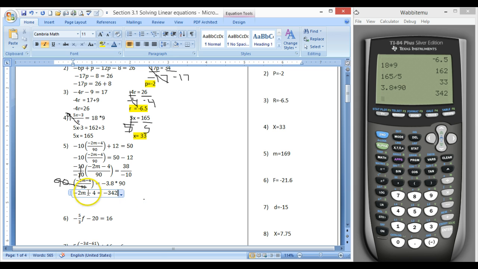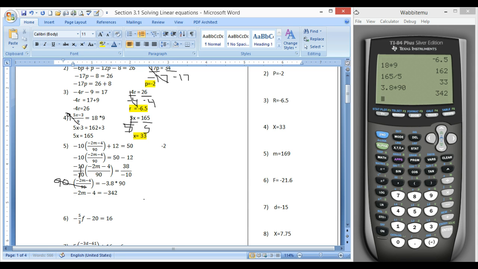So now I need to get rid of my negative 4 because I'm still moving backwards. And now that I've gotten rid of everything else, I just have the adding and subtracting and the multiplying and dividing right here and here. So I'm going to add the 4. And we're going to come up here to do that.